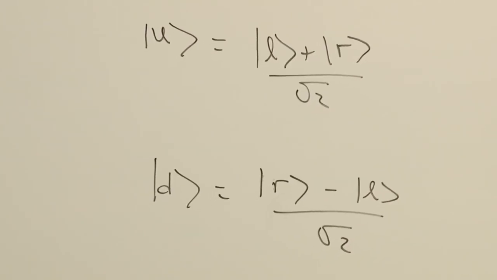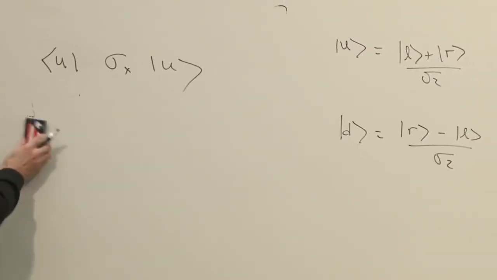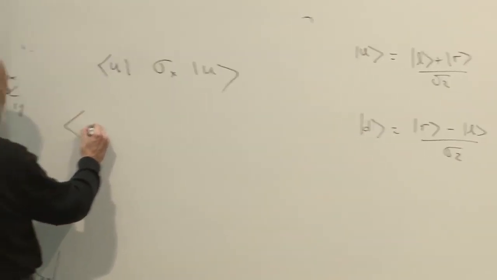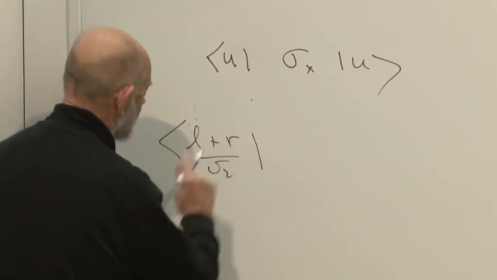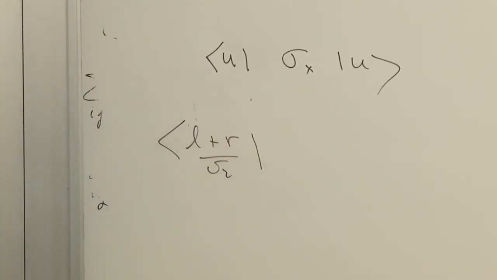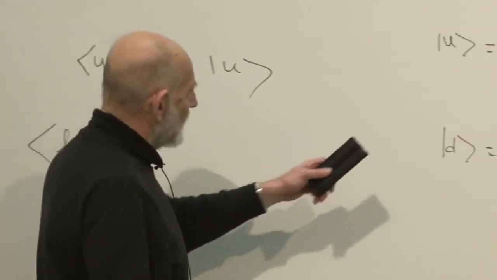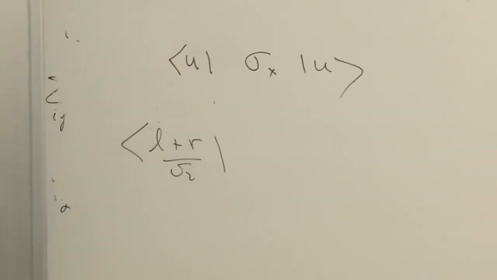On the left here, we have the bra for up. I'm going to abuse notation and just write this as left plus right over square root of 2. This is a meaningless symbol, but I think you know what I mean. I mean the bra vector left plus the bra vector right over the square root of 2, but too many vertical strokes and I get confused.